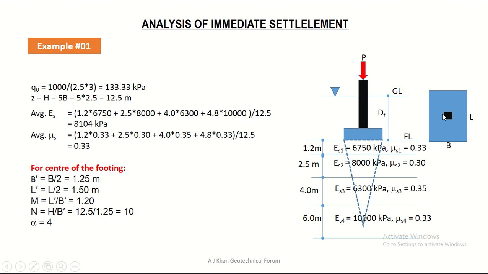And we are estimating settlement at the center of the footing. So B prime will be equal to B by 2, which is 1.25, and then L prime will be 3 by 2, that is 1.5. M and N are required for calculating I1 and I2, remember, and that should give you 1.2 and 10. And alpha is equal to 4 because we are estimating settlement at the center of the footing.